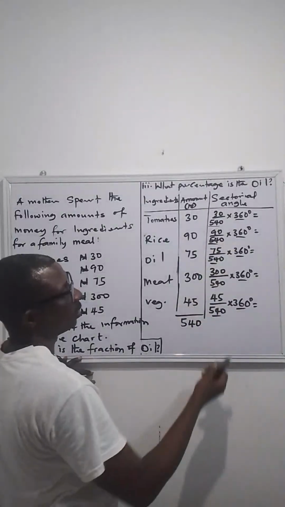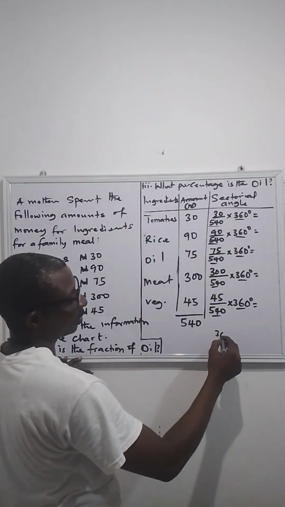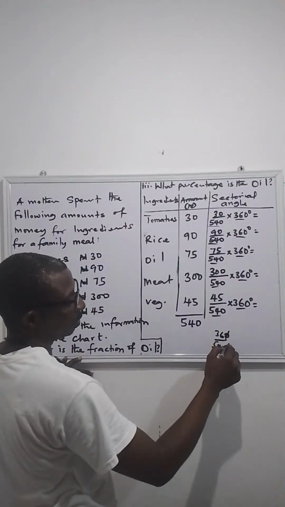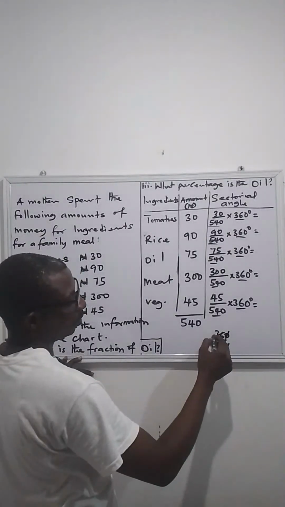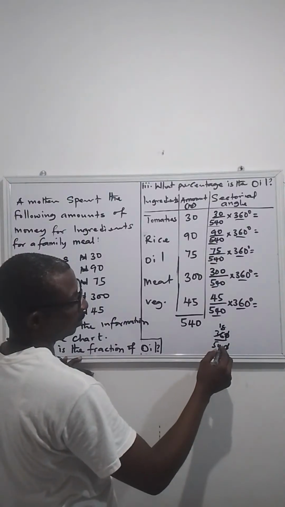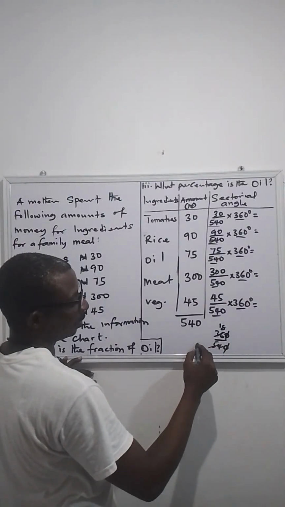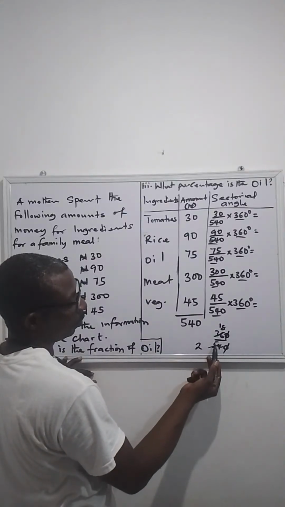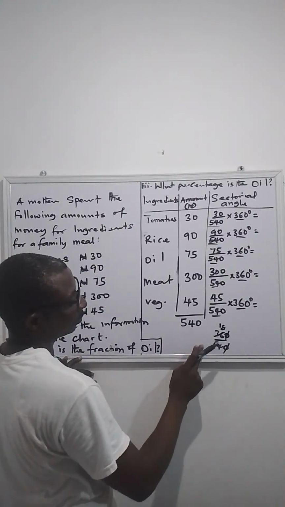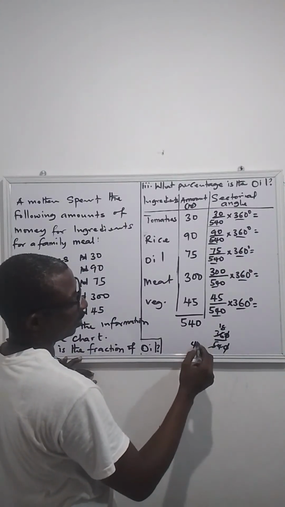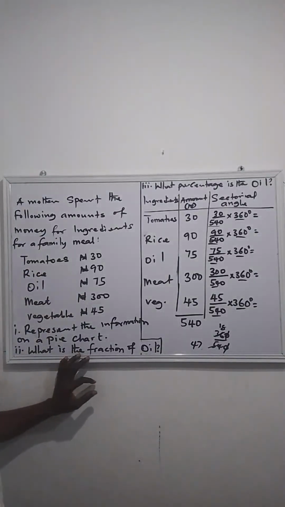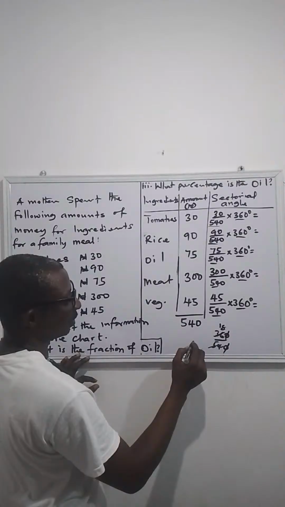So we have 360 over 540. This will cancel this. 2 goes here, 18. 2 goes here, that is 20. 2 goes here is 4. Sorry, that's going to be 27.